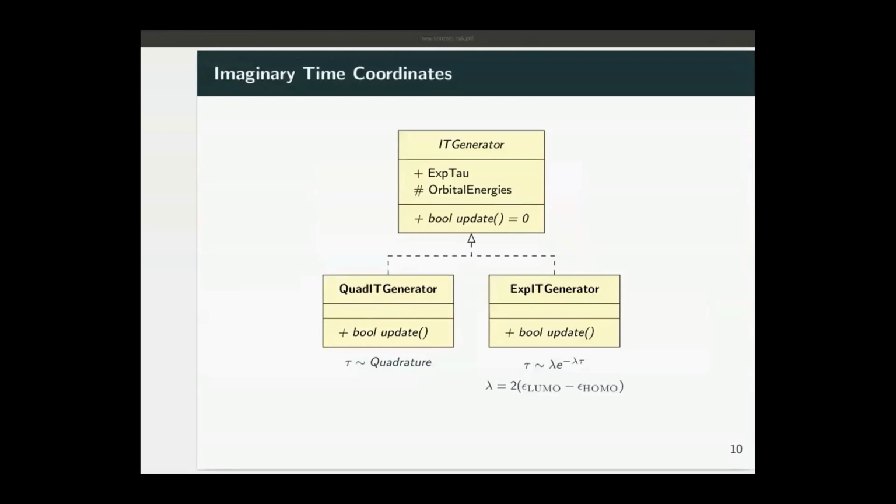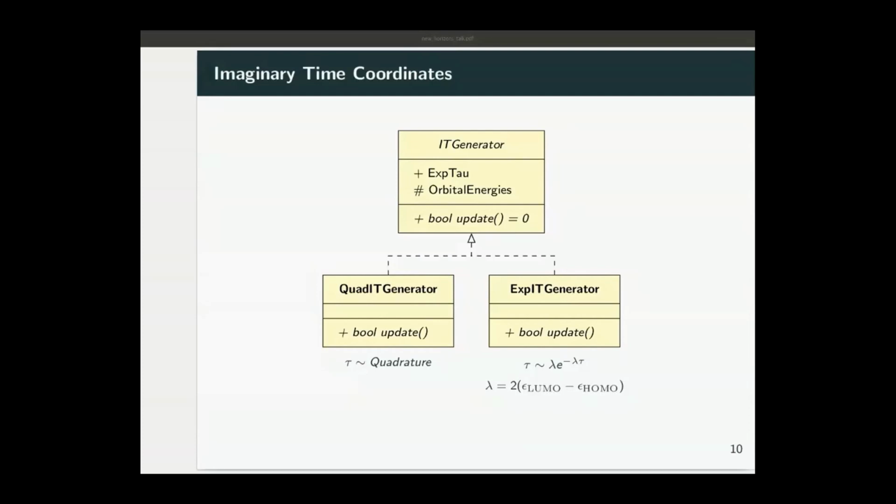Next, I want to look at the classes that perform the imaginary time coordinate generation. Superficially, these classes are very similar to the electron pair generators, the most notable difference being that they store the coordinates as well as some of the derived values internally, and because of this, the update function takes no parameters. We have two instantiations of this class as well.